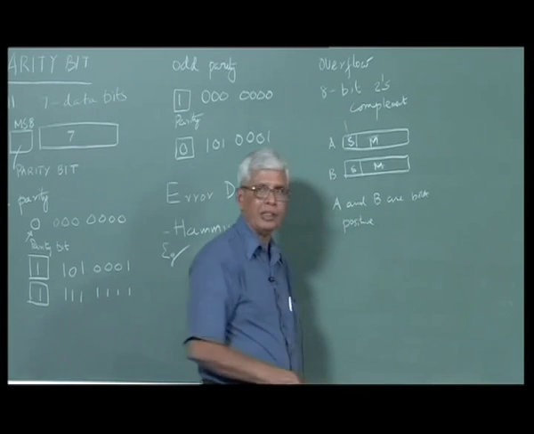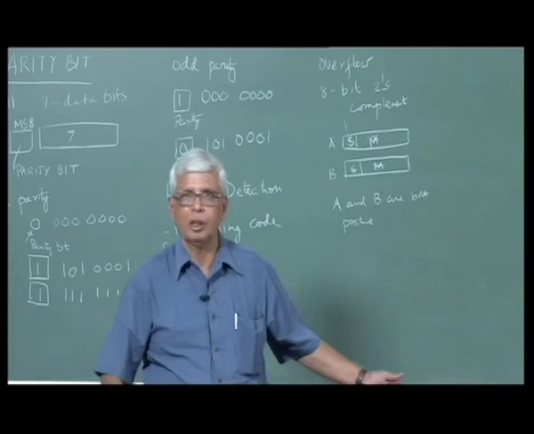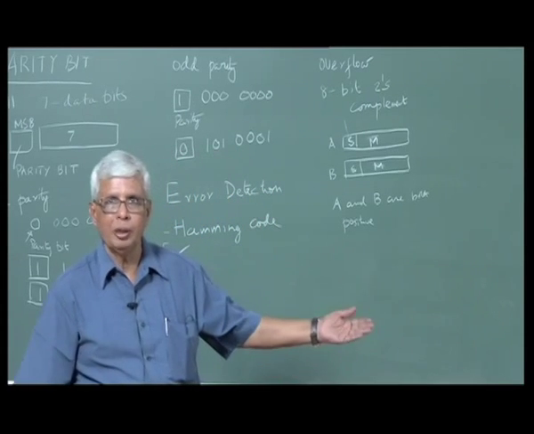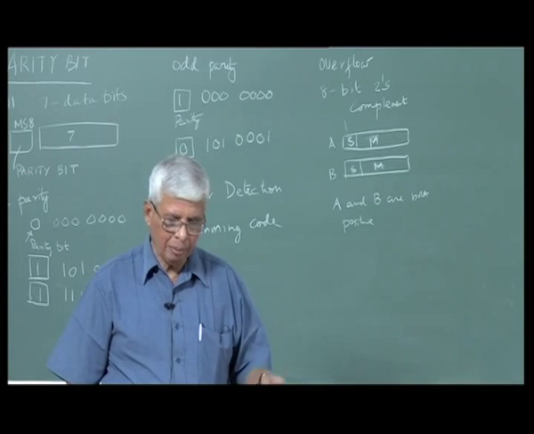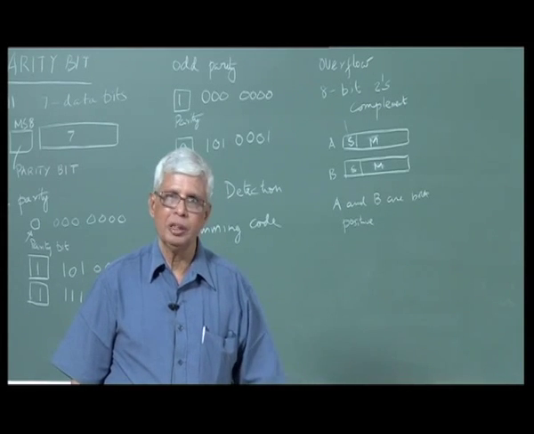and the result comes out negative, because the sign bit is 1, when the two numbers have sign bit zero and I add them and find 1 as the sign, something is wrong. I cannot add two positive numbers and get a negative number.